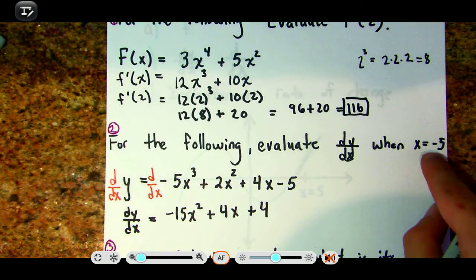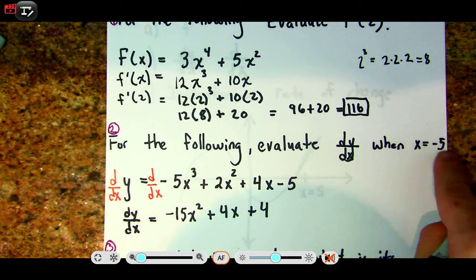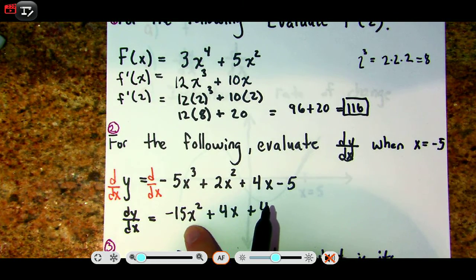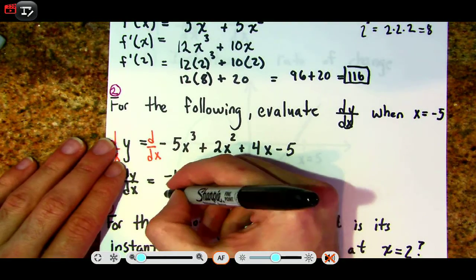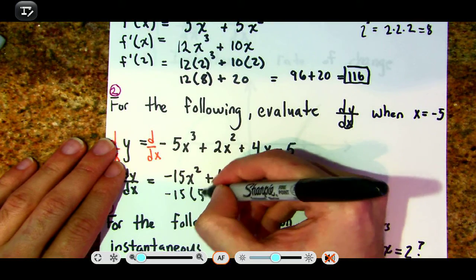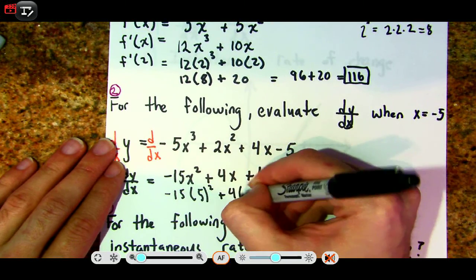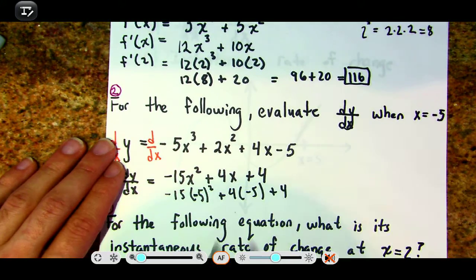And then here, it's just saying evaluate dy dx when x equals negative 5. So what are we going to do? We just plug in negative 5 in here. So that it becomes negative 15 times 5 squared plus 4 times negative 5. Oh, sorry, that's a negative 5. Plus 4. So then this becomes what?